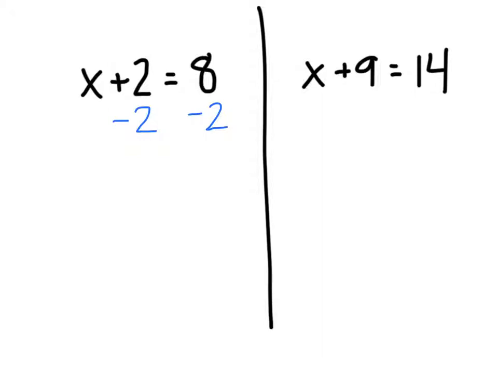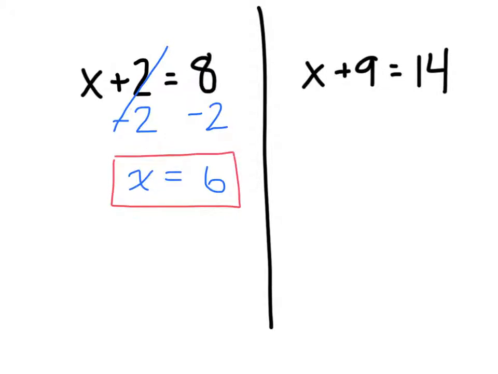If we have a plus 2 and a minus 2, these cancel out. From here, we work 8 minus 2, which is equal to 6. Then bring everything else down. So our final answer is x is equal to 6.